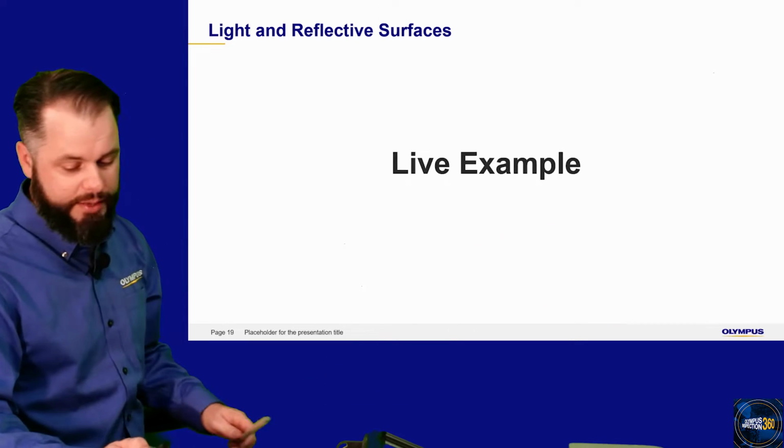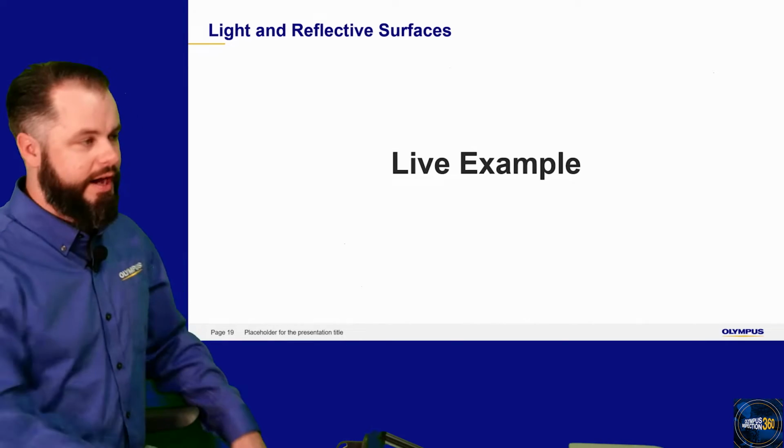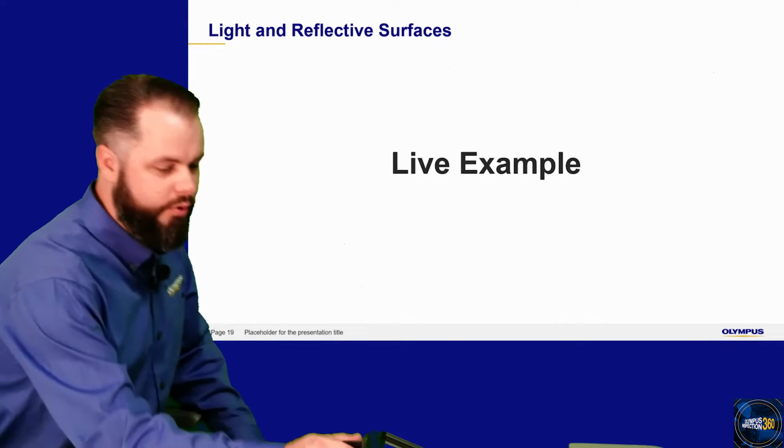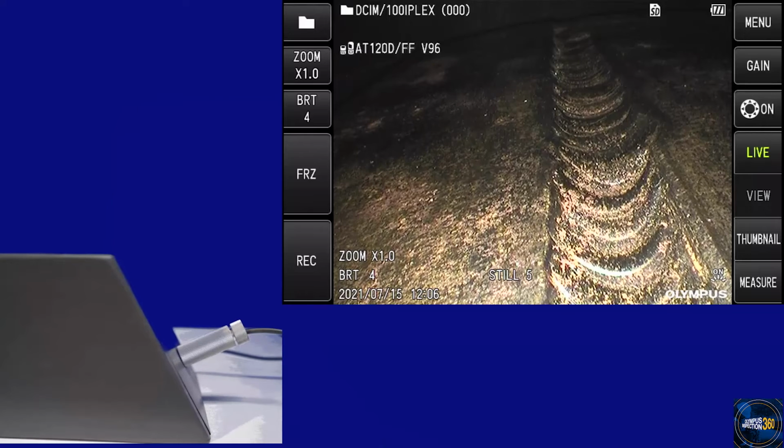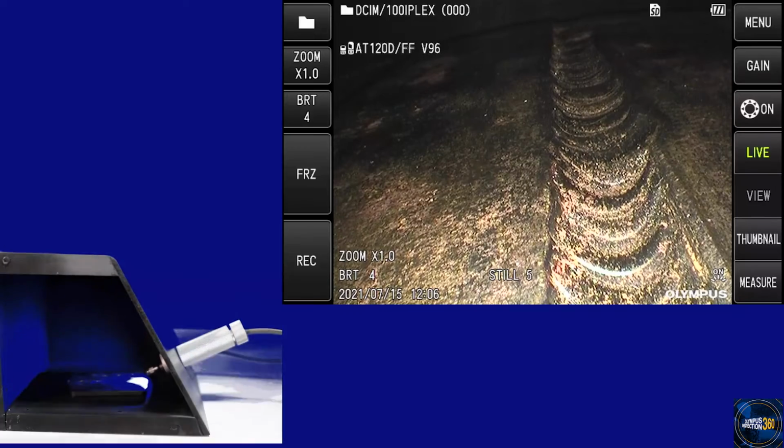And to illustrate my point a little more clearly, I have a live example of an actual video scope, which we'll go to here momentarily. Here on the top right of your screen, you can see the actual live view of the scope. I have my little box right here. I'm going to open it up so that you can see what we are looking at.